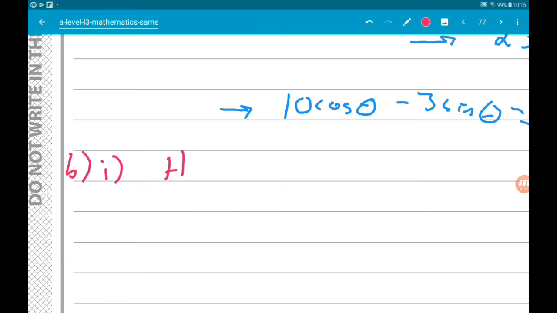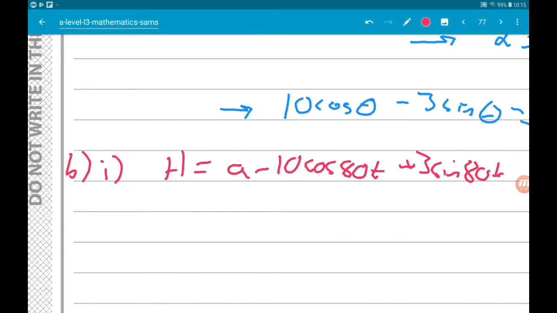So it's a minus 10 cos of 80t add 3 sine of 80t. Now we're given an initial condition. The initial height of the passenger is 1 meter above the ground.